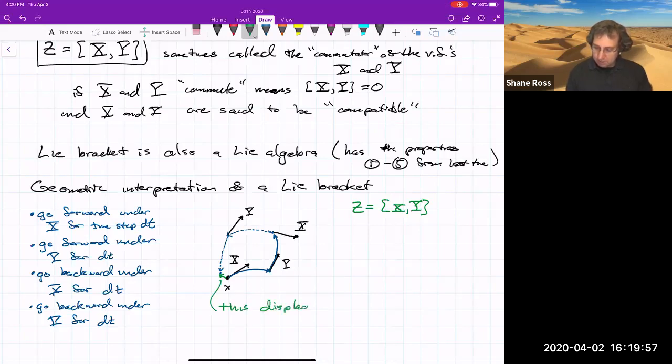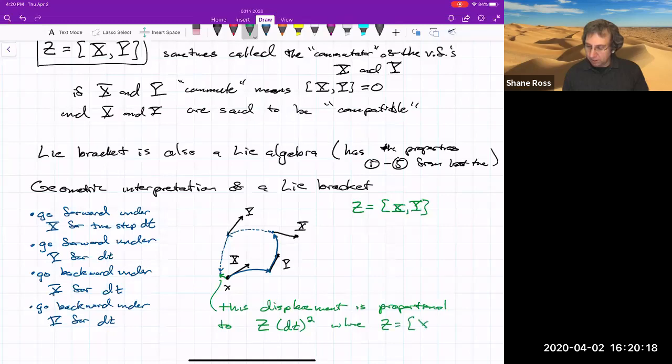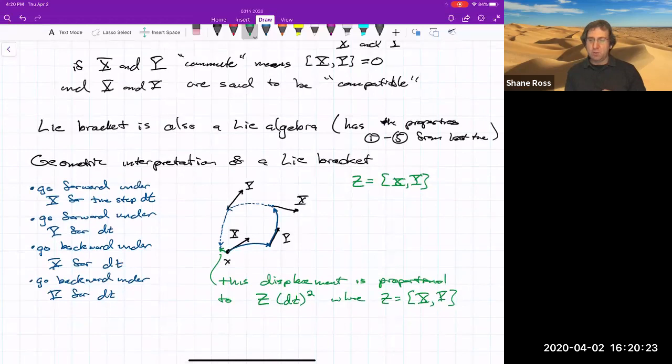This displacement is proportional to the vector field Z times this time step squared, where Z is the Lie bracket of X with Y. So if two vector fields are compatible, meaning the Lie bracket between the two is 0, I would be back to where I started.